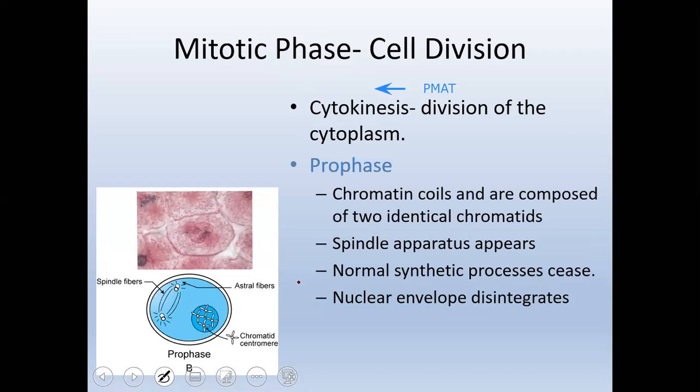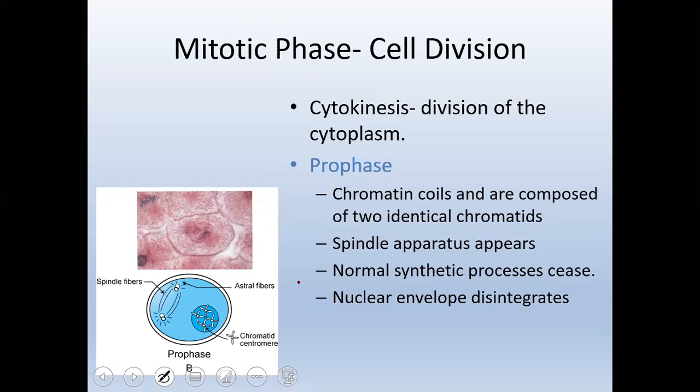All right, so the first in the PMAT is prophase. So we're now exiting interphase, right? We're exiting our preparatory phase, and we're now entering active division. First step to that is prophase. The first thing that we have to do in prophase is, all of our DNA is still enclosed in a nucleus.